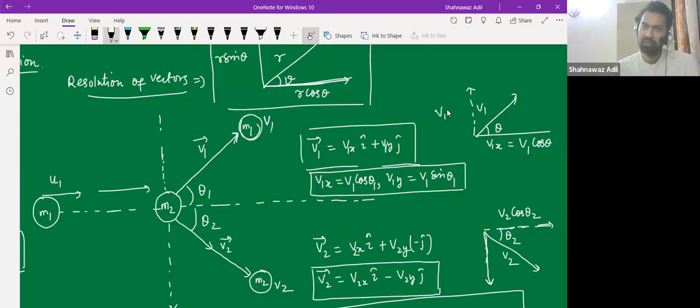This is u1, and this is u1 sine theta. Whenever you guys have any confusion, just break the diagram into parts, and then it will be easy to understand.